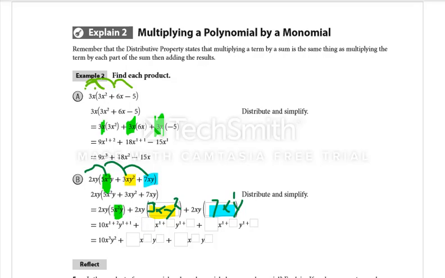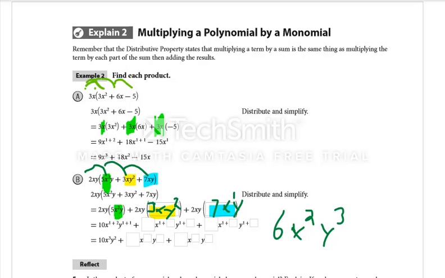Okay, so the second chunk, it should be 6. And then x to the first times x to the first gives us x squared. And y times y squared, add the exponents, y to the third.